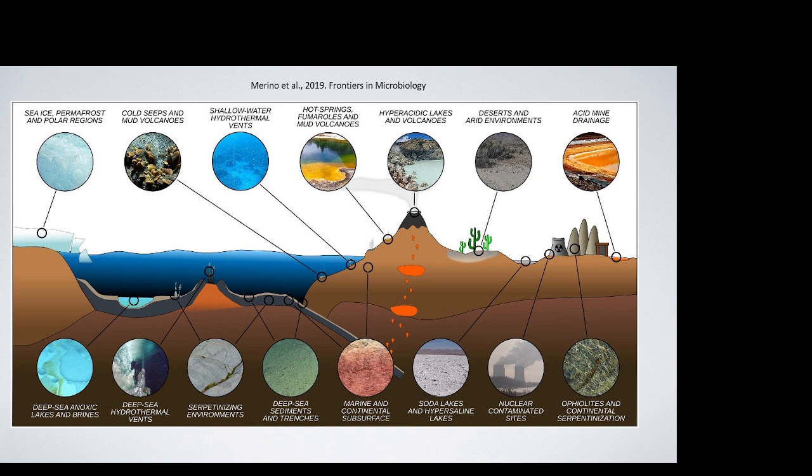And we can see that microbes are everywhere. They live in hydrothermal deep sea vents and up into the volcanoes, as Karen has shown now, and in the back-arc basins or deserts in those regions, and also in the subsurface.